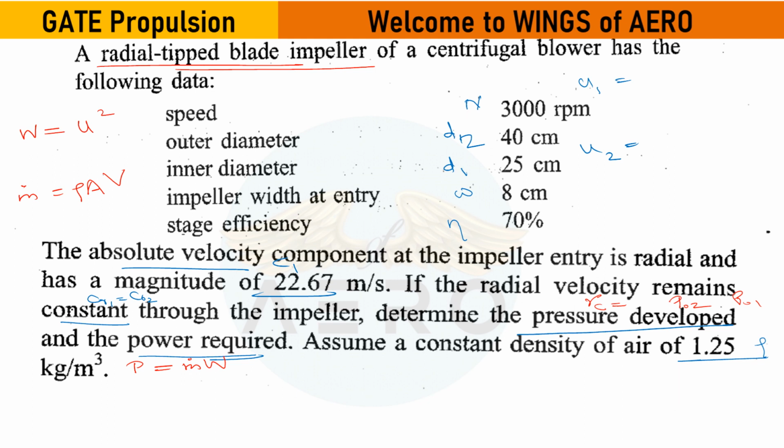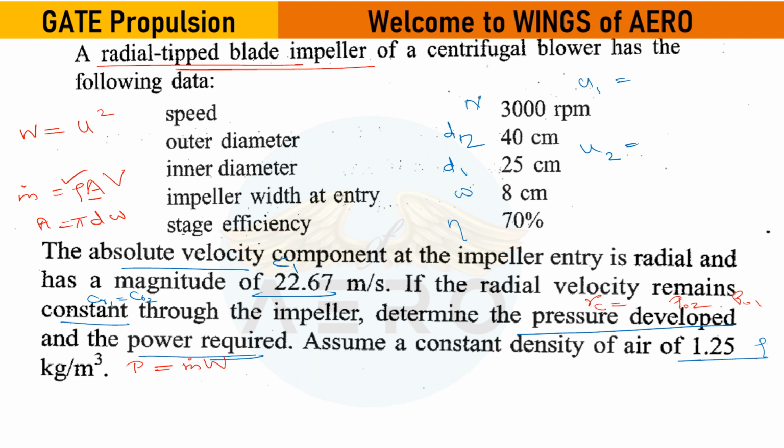For the area, as they have given the width, you use pi D W. Take any one condition, inlet or exit, and find it for any one. Rho value is given, and for V you can use Cr1.